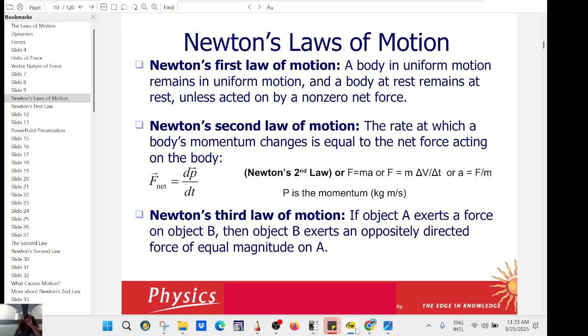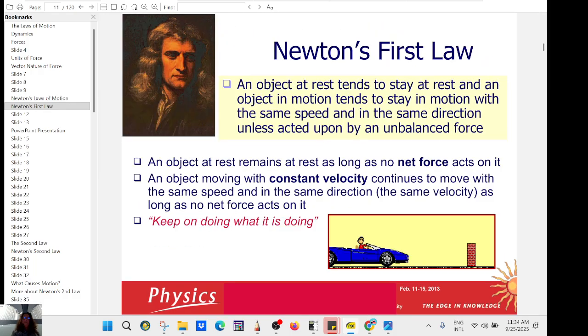Okay, so here are the laws of Newton. Law of inertia that was introduced by Galileo. Newton's second law: F equals ma. Newton's third law: for every action, you have an equal and opposite reaction.